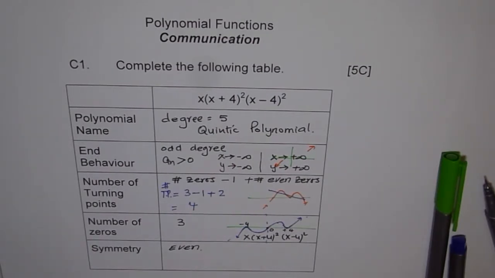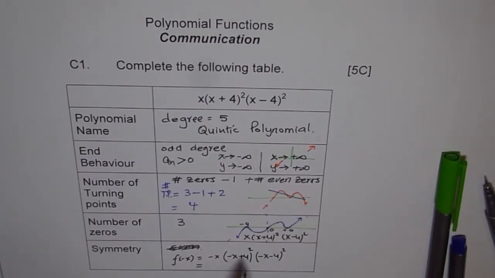Even function you can prove. How? f of minus x. So if you do f of minus x, what do you get? You get minus of x, right? For this function. Sorry, it's not even, so odd. You get minus of x, and then you write minus here. You say minus x plus 4 whole square times minus x minus 4 whole square, correct?